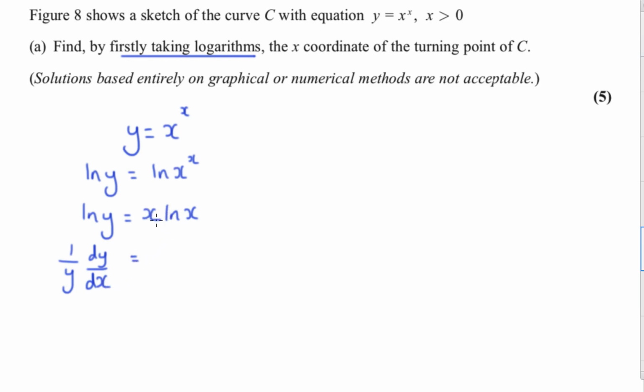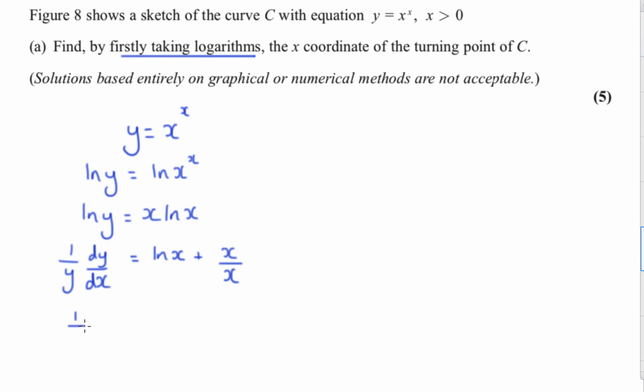Here we're going to use the product rule. As I said, we're going to differentiate the first one and leave the second one alone, plus we're going to leave the first one alone and differentiate the second one. Differentiating ln x, we're going to get 1 over x.